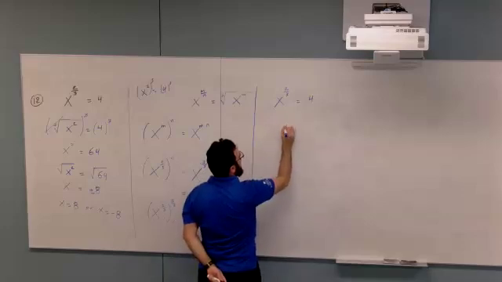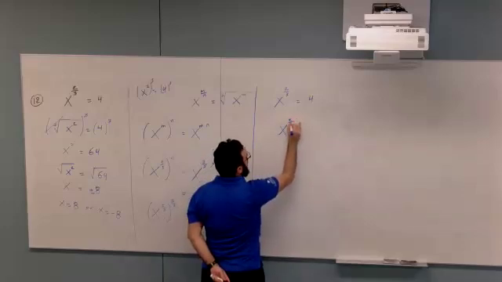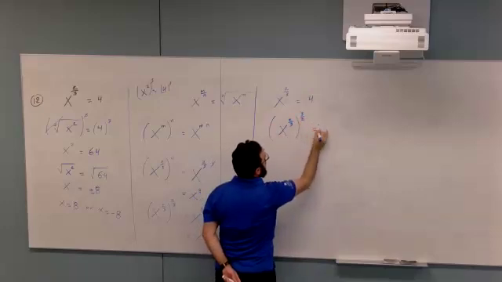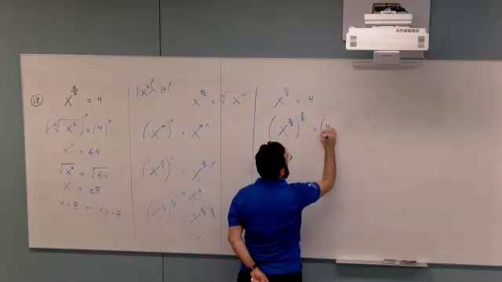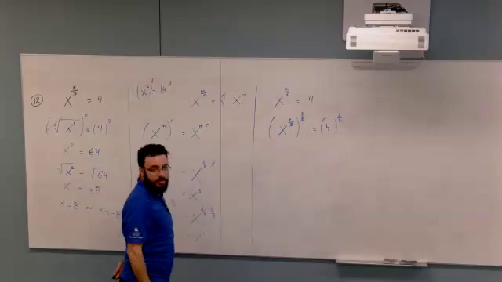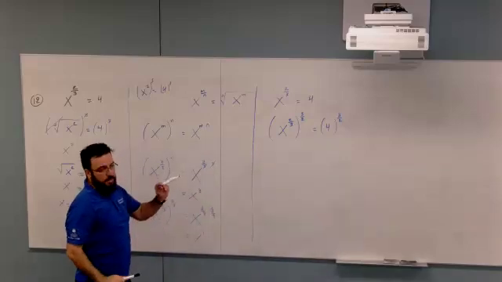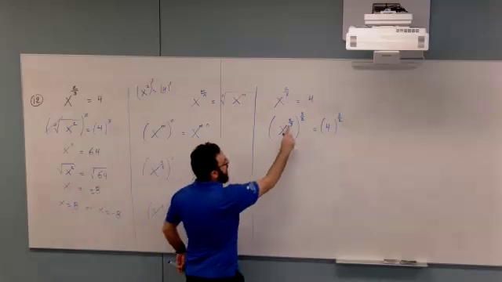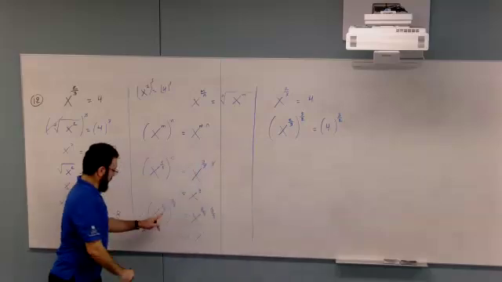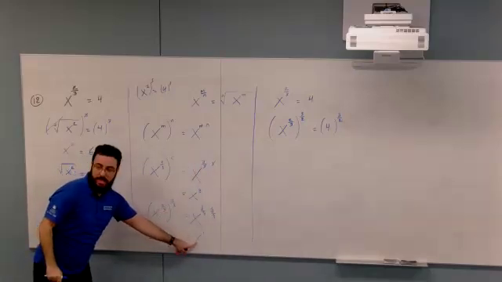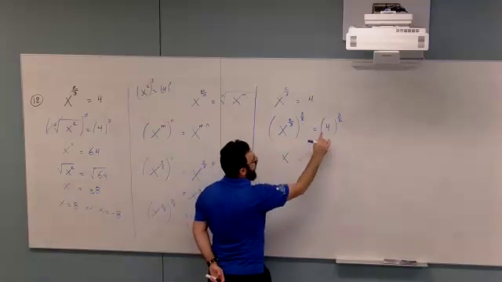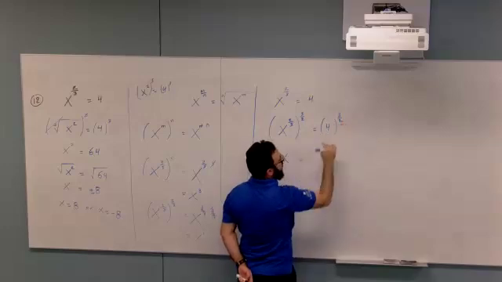Check here. I'm going to say x to the 2/3 raised to the power 3/2 equals the other side, 4 raised to the power 3/2. Is that okay? Now tell me, 2/3 times 3/2. That's what we did. It's going to be just x. So here is the x, equals 4 to the 3/2.